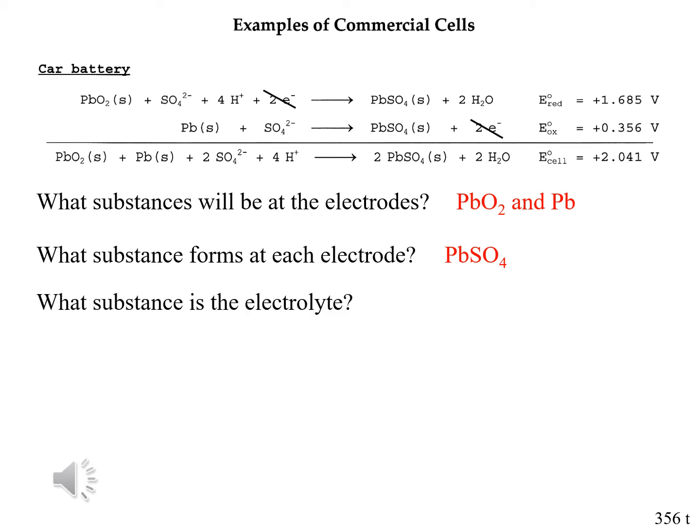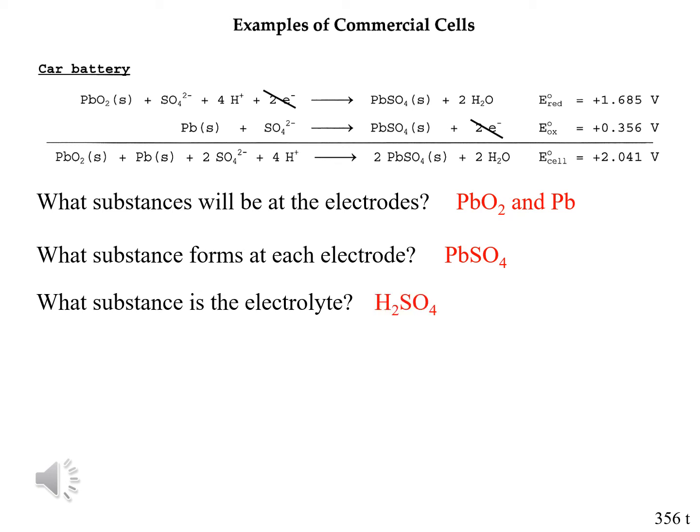The next question is, what's the electrolyte? Well, you know that when you make a battery, there has to be a solution with ions in it around the electrode. And if you look at the half reactions, the ions that are in both of them are H plus and sulfate. So the question is, what substance in water will give you H plus and sulfate ions?